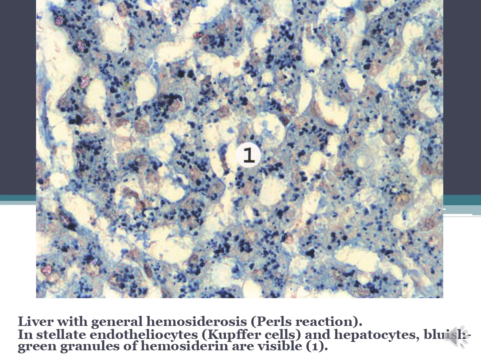In stellate endotheliocytes like Kupffer cells, we see such accumulations. Also in hepatocytes, bluish green granules of hemosiderin are visible. This is quite high magnification, and we see this accumulation of bluish pigment diffusely through the whole tissue sample of the liver.